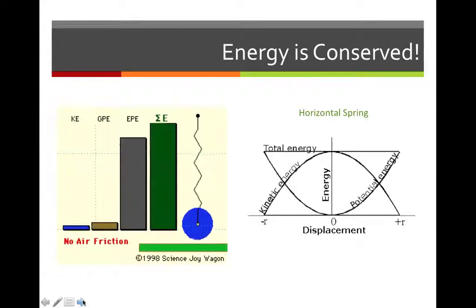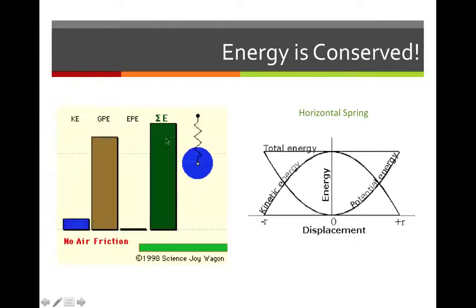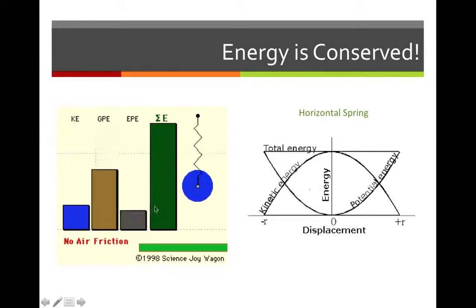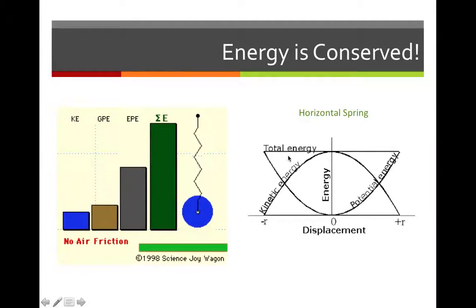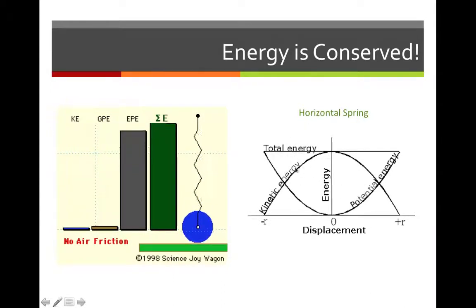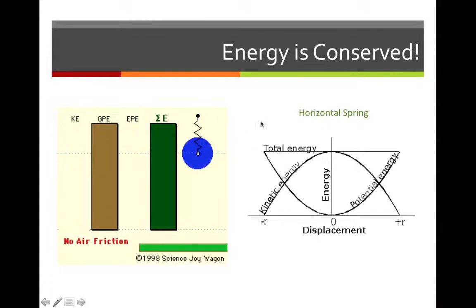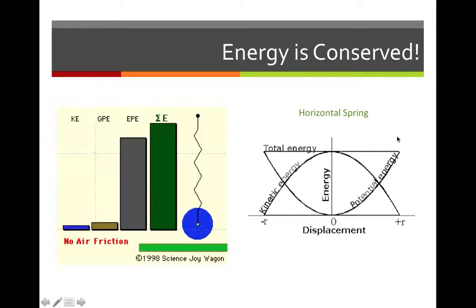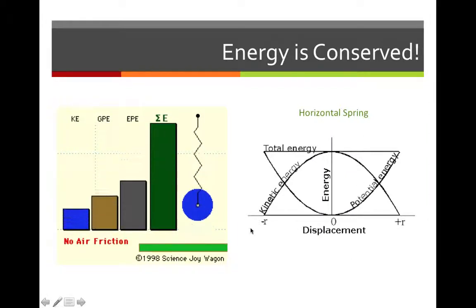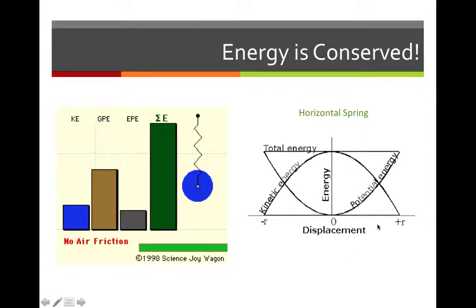Okay, so as I said earlier, imagine I had, and unfortunately this graphic here only refers to a horizontal spring because I don't have gravitational potential. But imagine I had a spring moving side to side in simple harmonic motion, and I graphed the energy with displacement. And I have R's, but imagine those were A's.